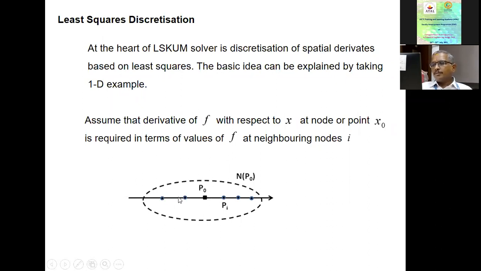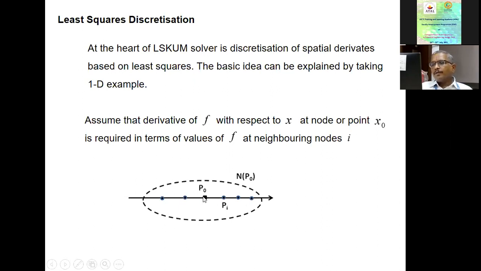Let us say this is a distribution of points in 1D. Let me concentrate my attention at a particular point, say P0. At P0, I want to evaluate the derivative of any quantity called F. So how do I do it? At P0, I look around.